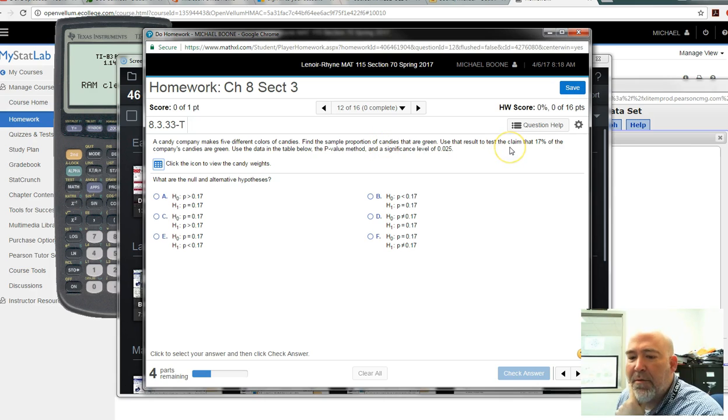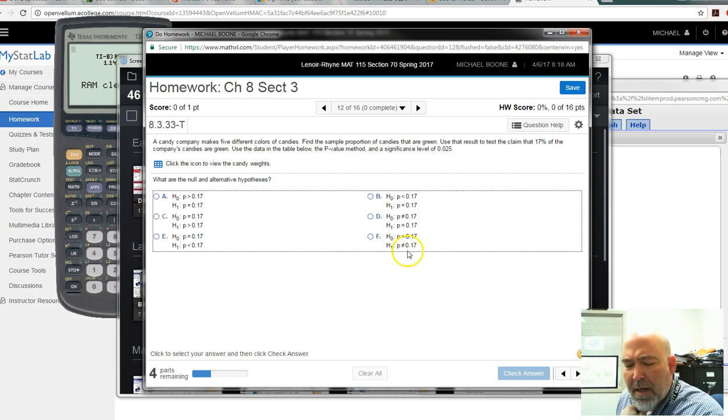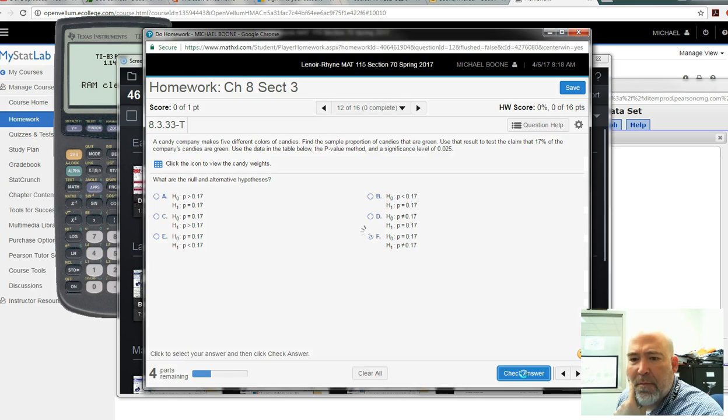And looking at this, I don't see anything that says greater than or less than, so I just have to assume not equal to. So if it's believed that it's equal to 17%, my alternative hypothesis would believe that it's not equal to 17%. So we'll check that answer, and hopefully we'll get a nice high five from my math lab.